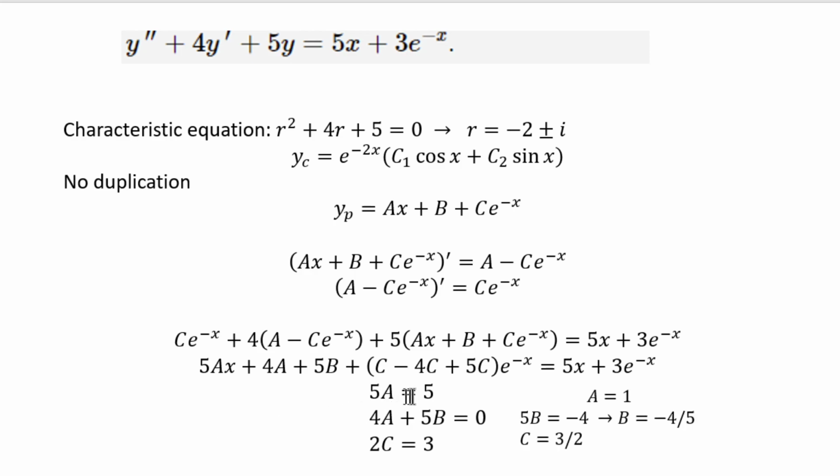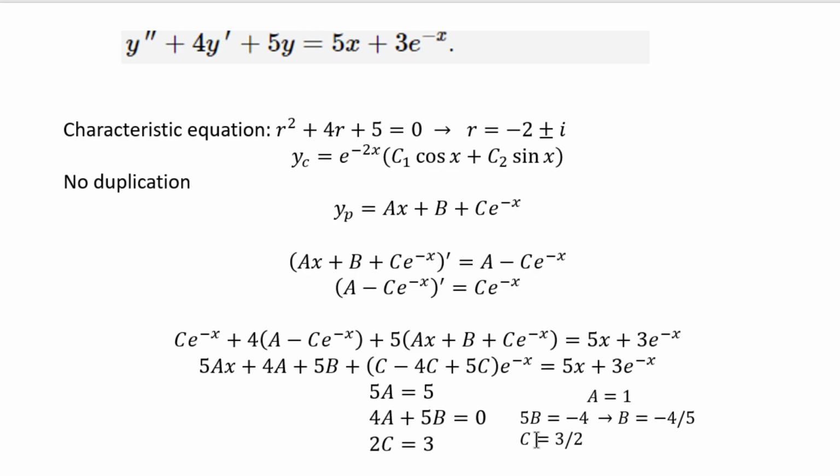If you divide by 5, you get a equals 1. Plug into the next one, you get 4 times 1 plus 5b equals 0. You move the 4 to the other side, you get 5b equals negative 4, and divide both sides by 5, and you get b equals negative 4 over 5. And then 2c is 3, so c is 3 over 2.